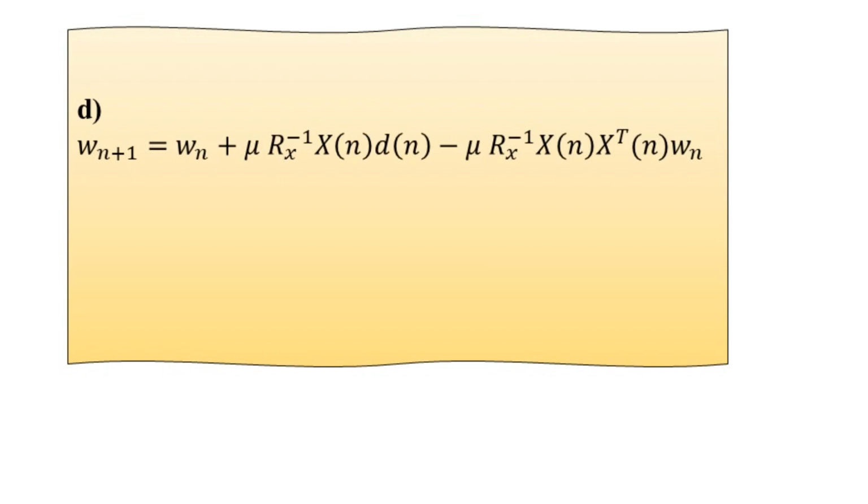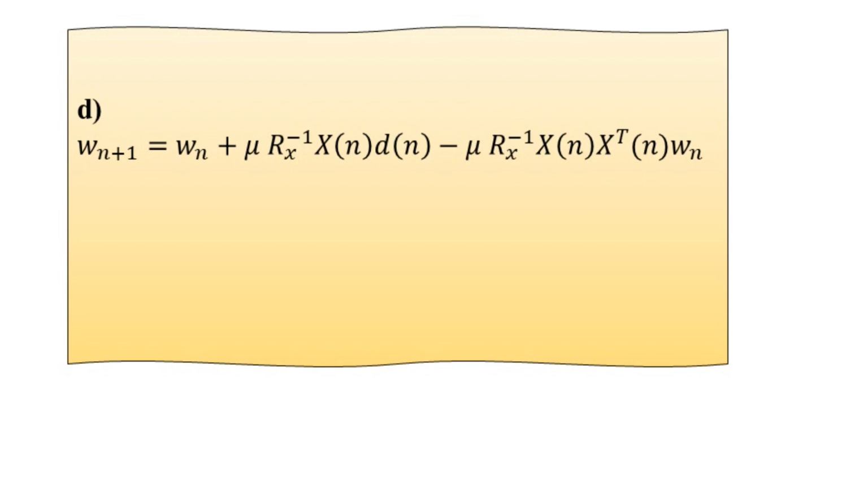To answer this question from part C, we take the update equation suitable for the part D derivation: w of n plus 1 is equal to w of n plus mu times the inverse of the autocorrelation matrix R_x multiplied by x of n into d of n, minus mu times the inverse of the autocorrelation matrix R_x into x of n multiplied by the transpose of x of n into the weight vector w of n.